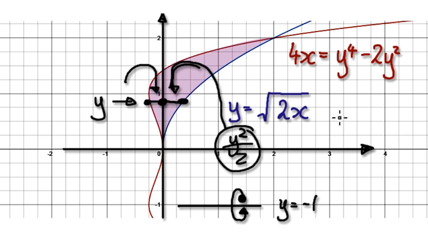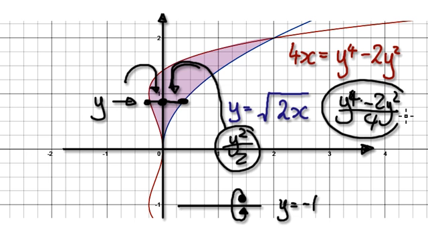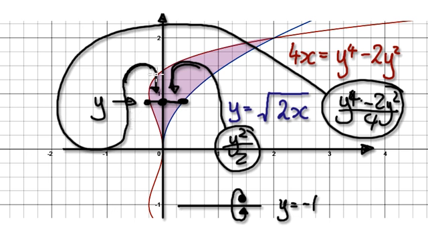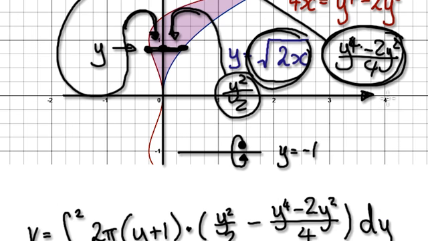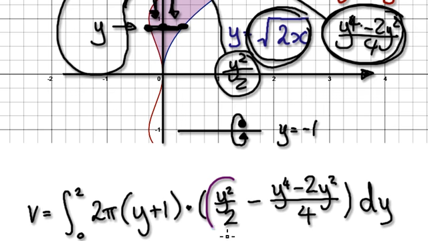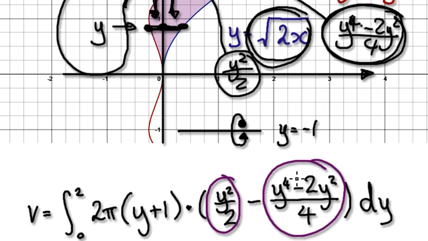And then this length here will be y to the power of 4 take away 2y squared over 4. This here will be this length here. So if you want to know the total length here, it will be this take away this thing here.